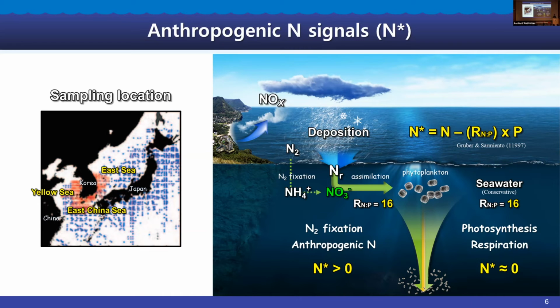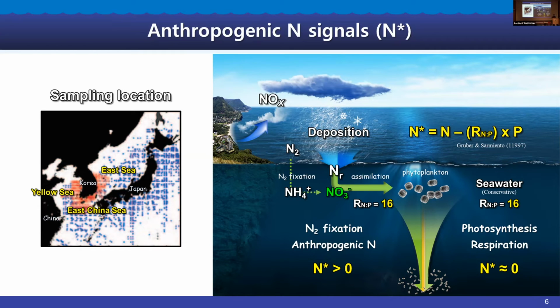There are two internal biological processes, photosynthesis and respiration. These two processes occur in Redfield stoichiometry within the interior of the oceans. They do not change the seawater N star values. There are two additional processes, nitrogen fixation and the input of anthropogenic nitrate into the ocean.